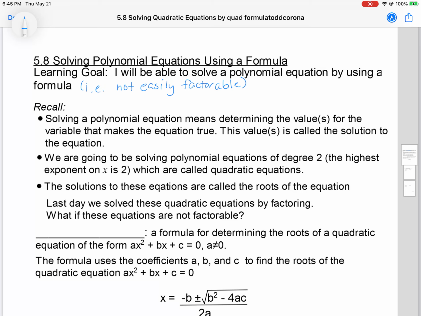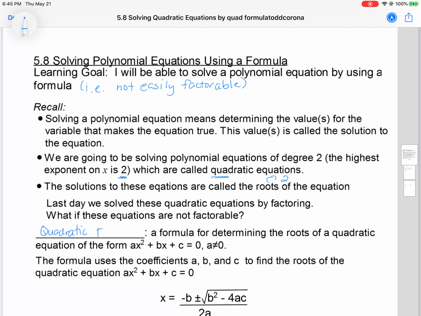So we need to find the variables that make the equation true, or the solution. We are still talking about quadratic equations, which have the highest exponent of 2, which means that we're going to get two roots.